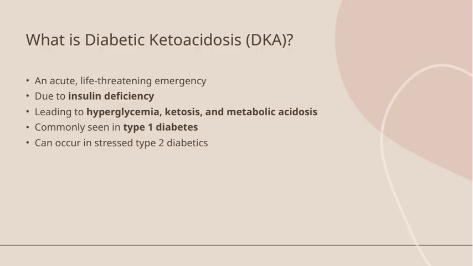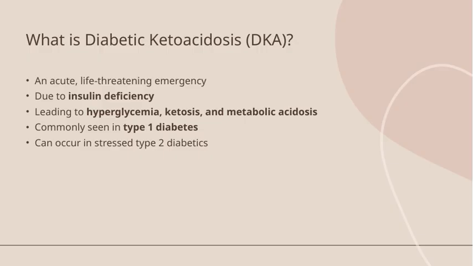At the same time, because the body can't get enough glucose into the cells, it starts breaking down fats for energy, which produces ketones. This buildup of ketones causes a state called ketosis, and it also results in metabolic acidosis, making the blood too acidic. Most commonly, DKA is seen in individuals with type 1 diabetes, since they rely heavily on insulin and can experience sudden shortages.